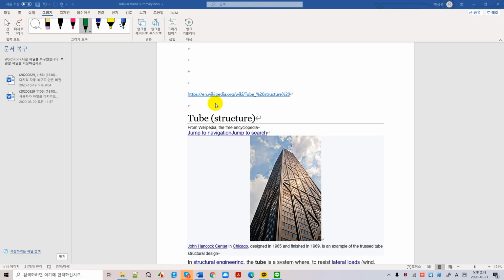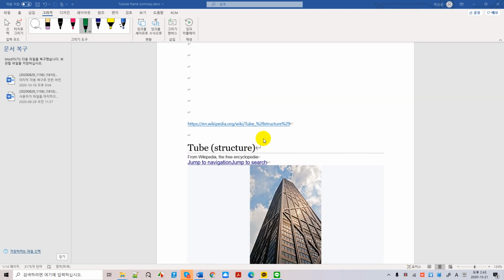The following lecture is based on the material that can be found on the Wikipedia site, the free encyclopedia. The instructor appreciates their materials for this lecture.